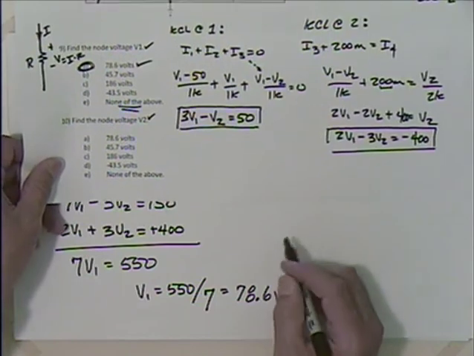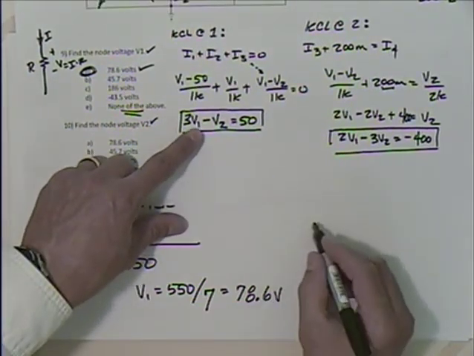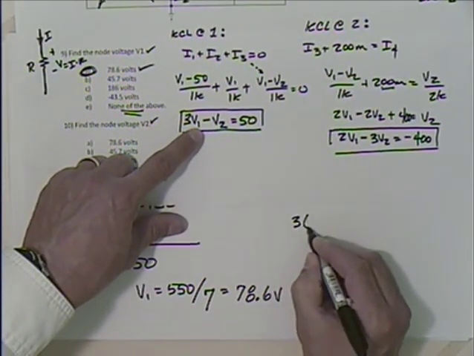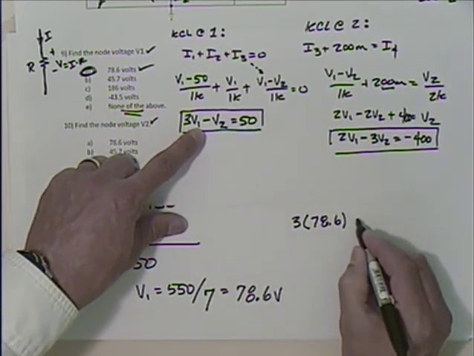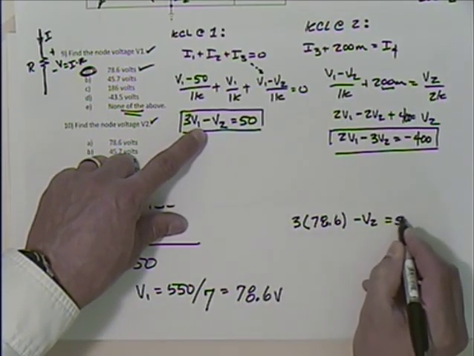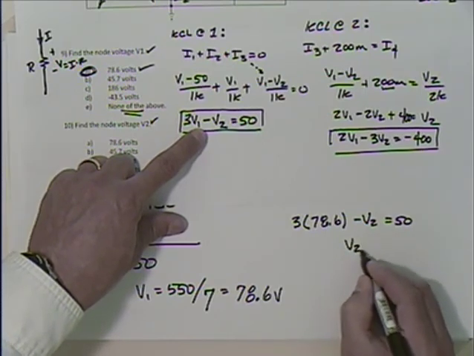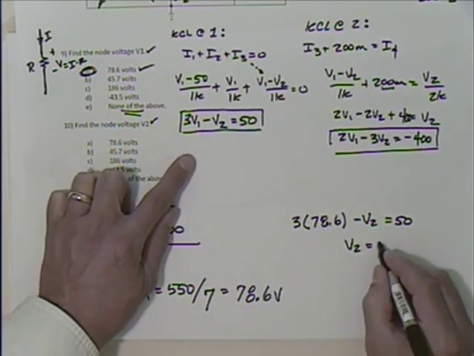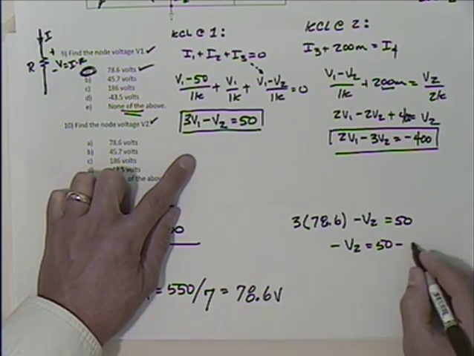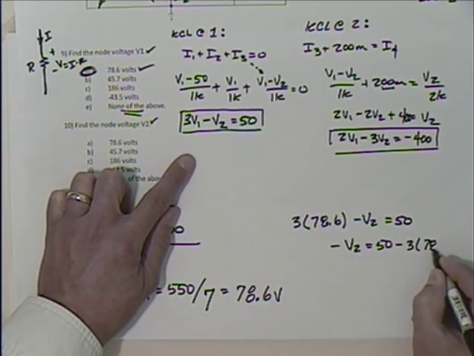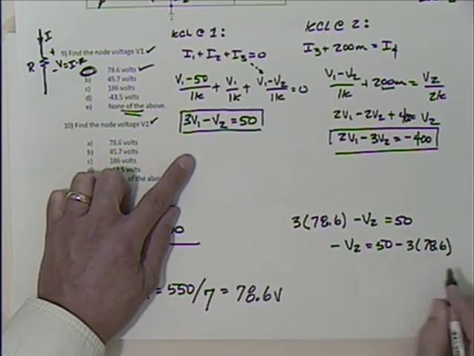Well, let's finish up then. If I have that V1, I could say that I have 3 times V1, which is 78.6, minus V2 is equal to 50. So V2 is equal to 50 minus 3 times 78.6.